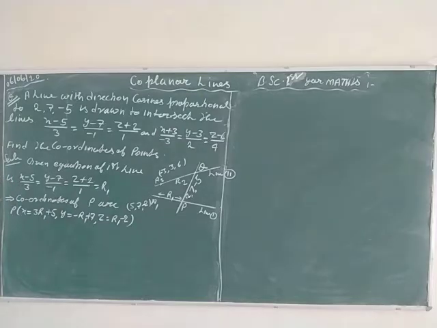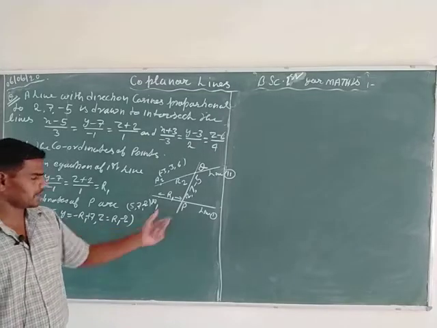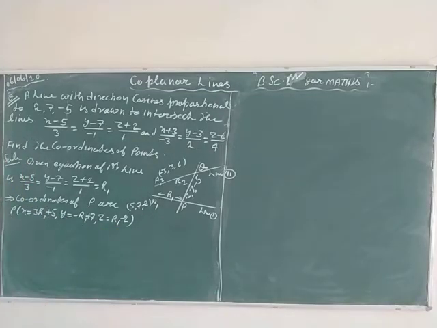So 3R1 + 5, minus R1 + 7 and R1 minus 2 are the coordinates of point capital P.